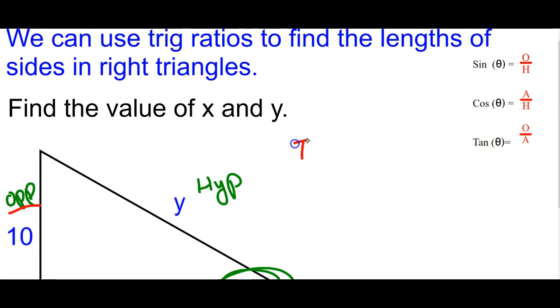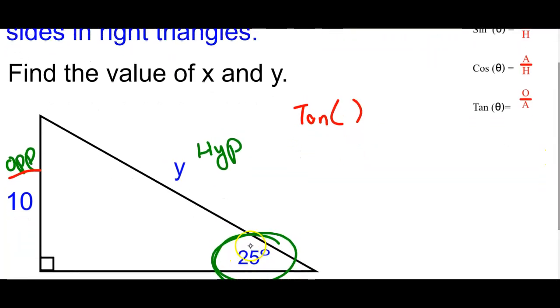So the way I write this out is I say the tangent, and remember our angle always goes in here. What's our angle? Our angle is 25 degrees, is equal to the opposite over the adjacent. The opposite side is 10, and the adjacent side is x. Now, some students want to say multiply both sides by 10 here.